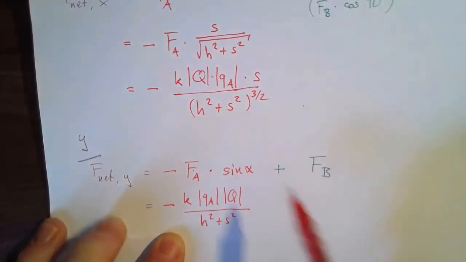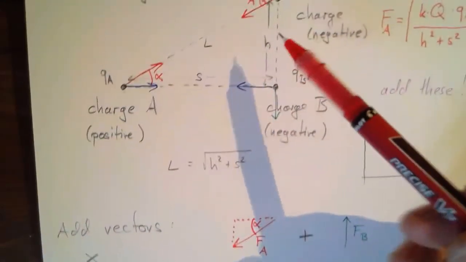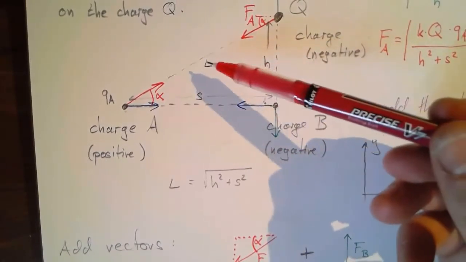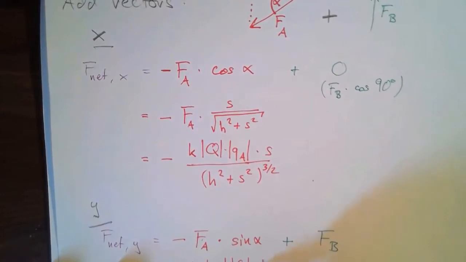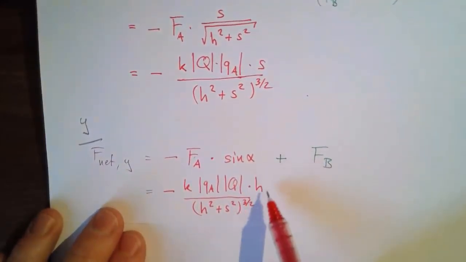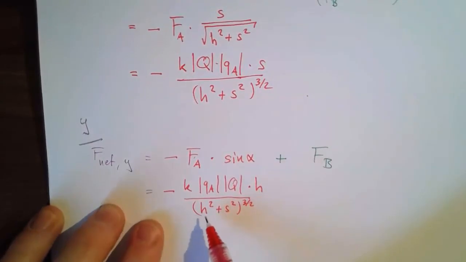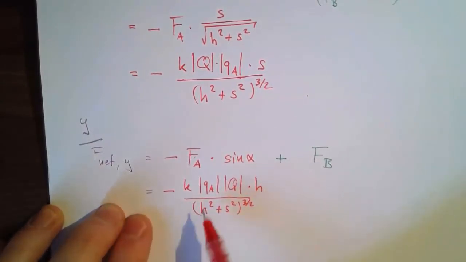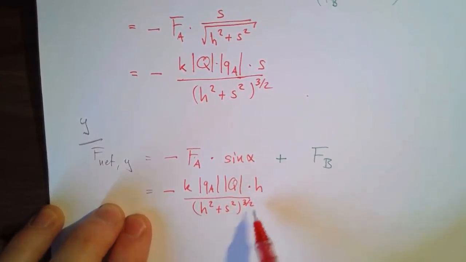Now the sine is h over L, while L is this. So I multiply this by h, and I get another power of a half down here. Here you go. I multiply this by h, and I multiply the denominator by the square root of what's already there. So that means that what I get is what's already there to the power 3/2.